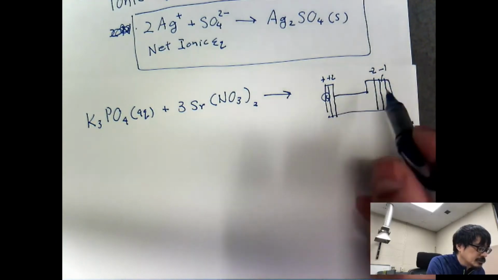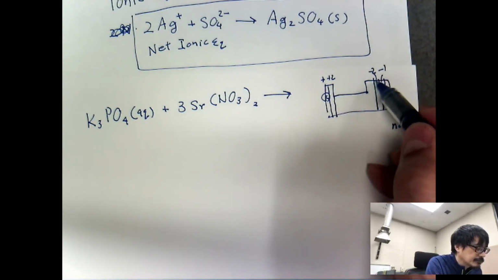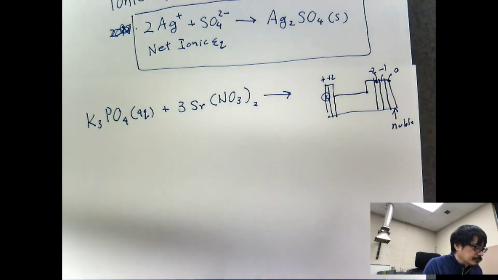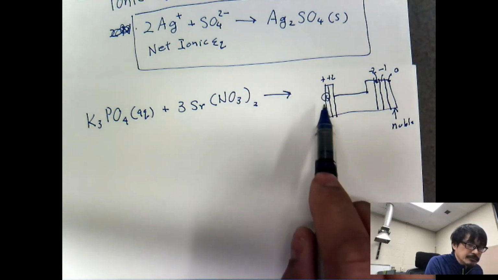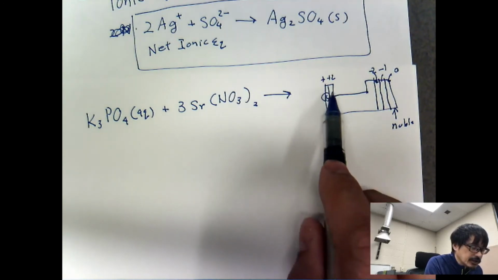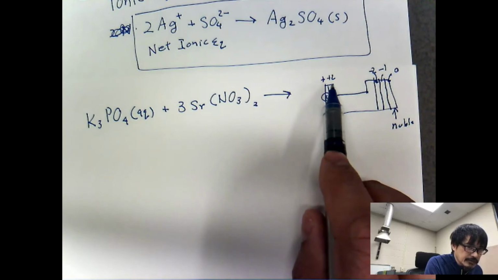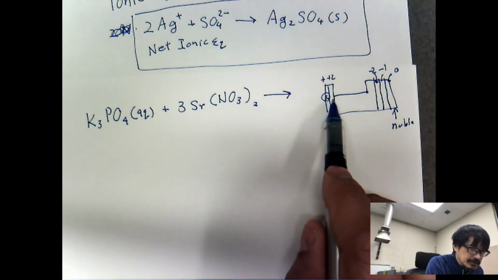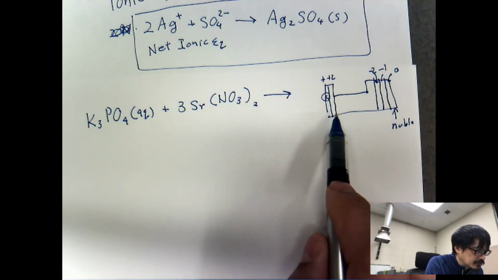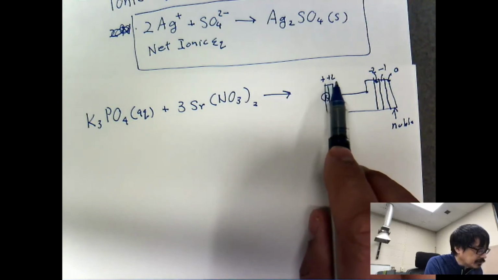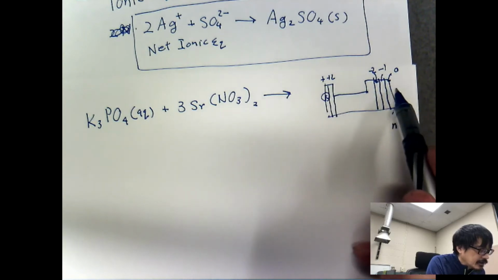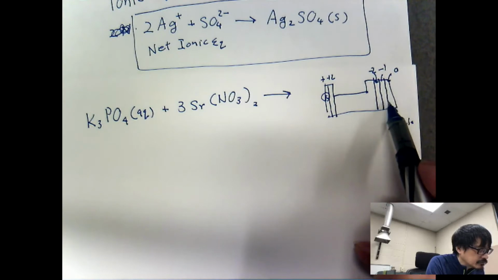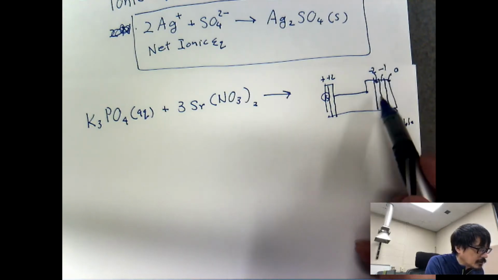So some stuff that you might want to remember. The very first column is going to be positive 1. The next up, beryllium and calcium and so on, all of those tend to have 2 plus, and then the noble gas is going to have 0, and then fluorine, chlorine, and so on are going to have negative 1.